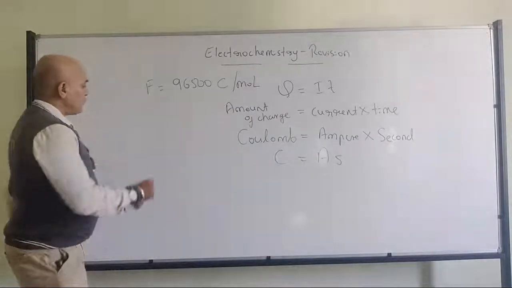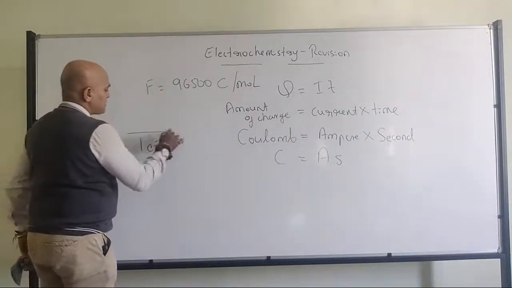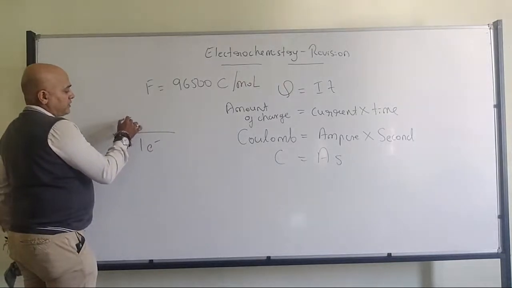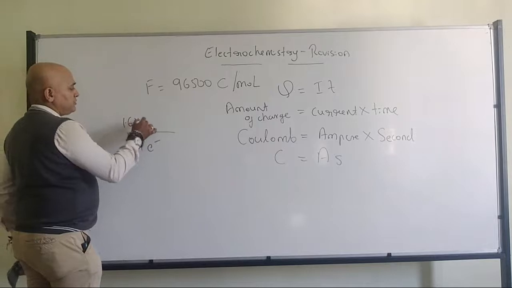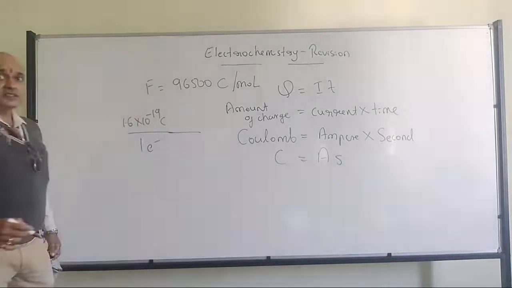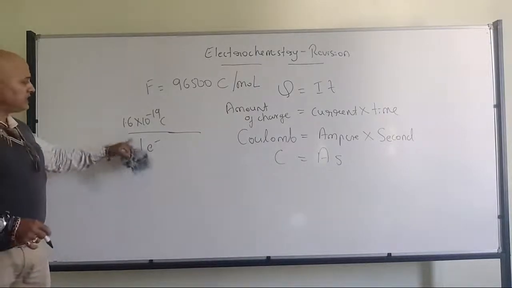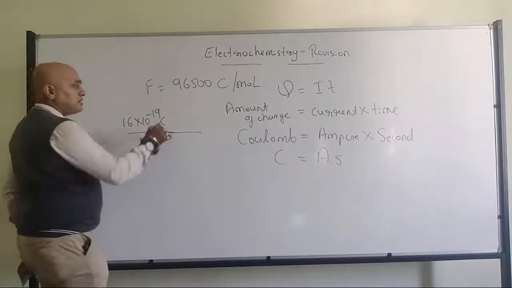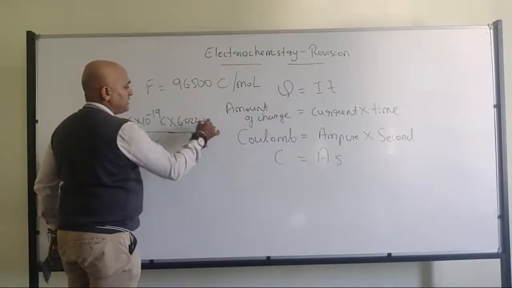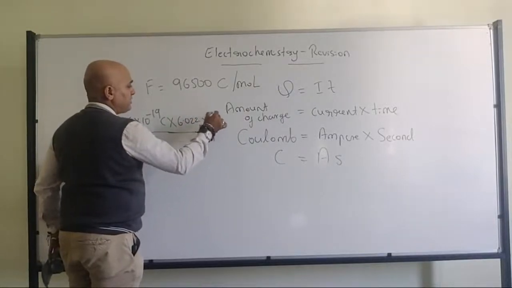Because 1 electron will have the charge of approximately 1.6 into 10 to the power of minus 19 coulomb. This is for 1 electron. How much for 1 mole of electrons? Multiply by 6.022 into 10 to the power of 23.